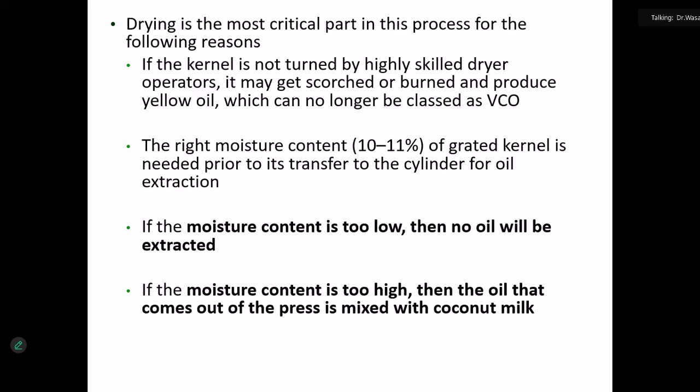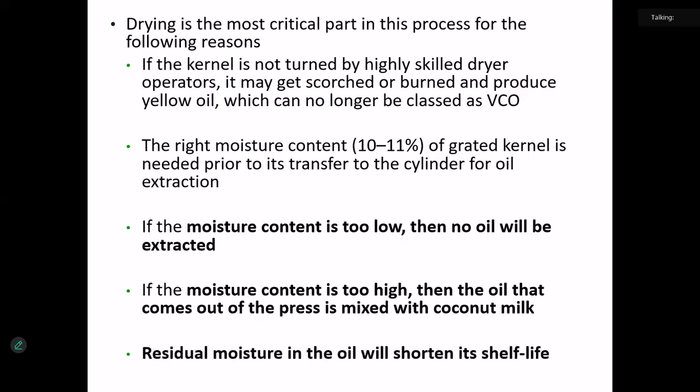You can't keep it for a long time. What is the reason? Residual moisture in the oil will shorten its shelf life.